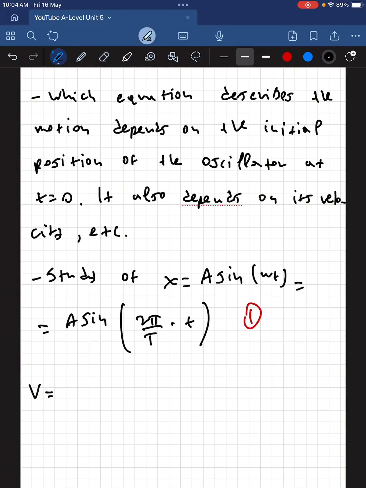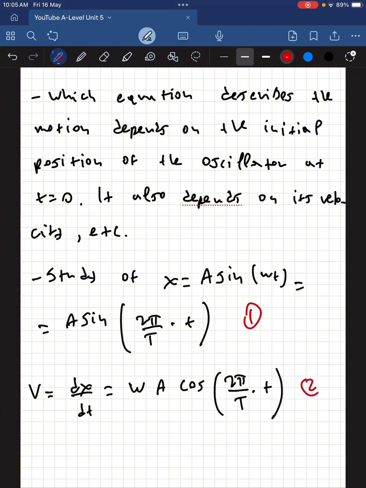Therefore, v is dx over dt, which means that this is equal to omega a cos of 2 pi over T times t. So this is equation 2. And if x is a sine omega t, then a is minus omega squared a sine 2 pi over the period times t. So this is equation 3.